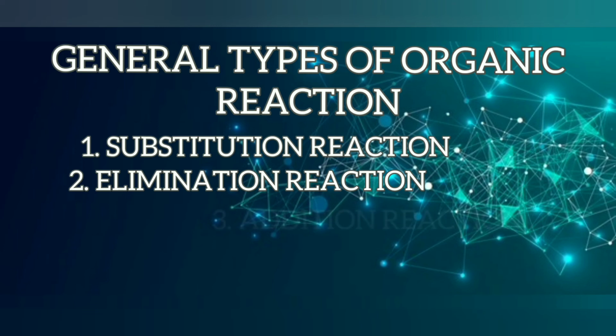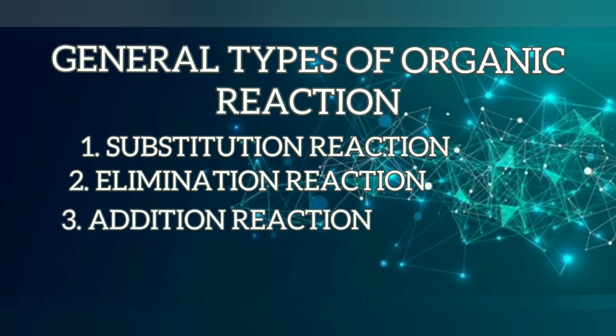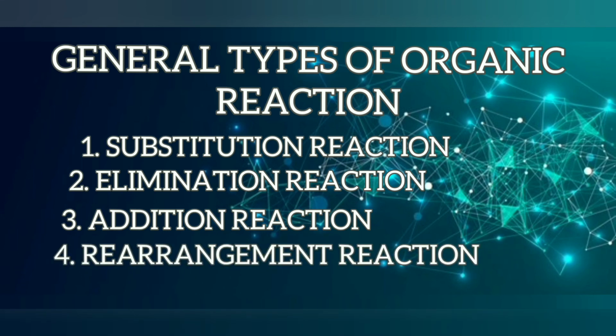Third is the addition reaction in which an atom or group is added to an adjacent atom of a double or triple bond. And lastly, the rearrangement reaction where atoms in a molecule are rearranged to give a structural isomer of the original molecule.